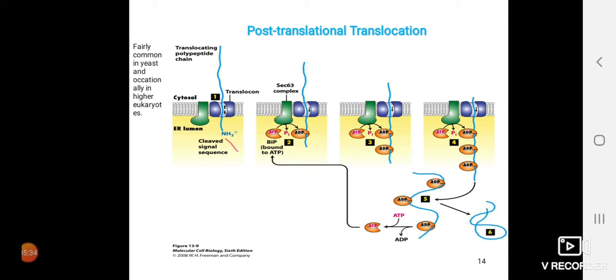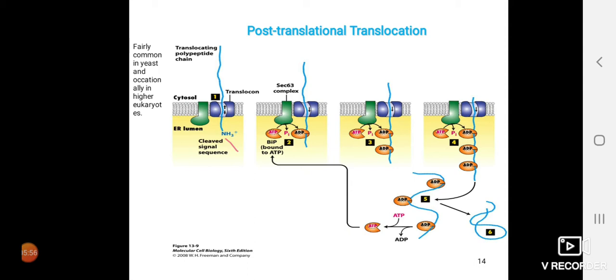This movement of the polypeptide chain into the endoplasmic reticulum happens with the help of these chaperonins, which bring it to the translocon, and the translocon opens, and once it is open, the polypeptide chain gets mobilized inside.